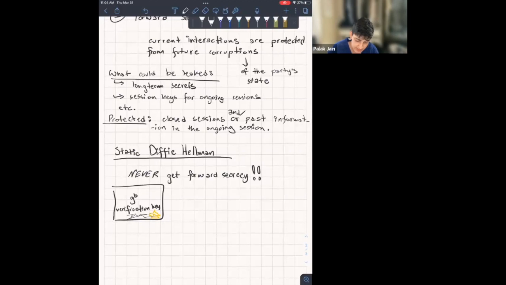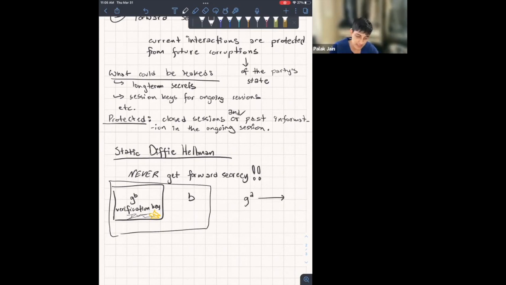Then as long as the party keeps using this certificate to do static Diffie-Hellman, it's going to be storing this exponent B in its state, right? So the state contains B and it also contains a certificate. At least we know these things. So if there's a man in the middle attacker that has seen the communication between me and this server that has this certificate, and we use static Diffie-Hellman, then it has my public value, say G to the power of A that I sent to the server.